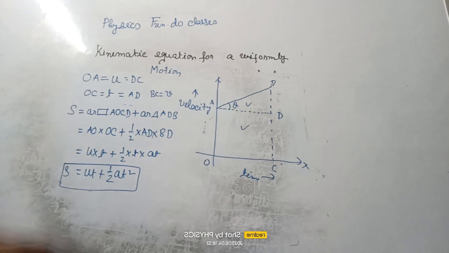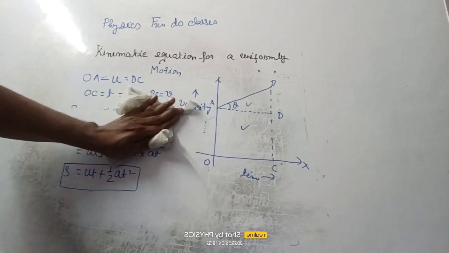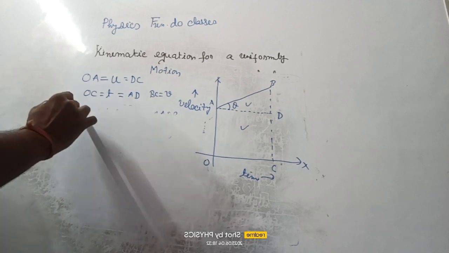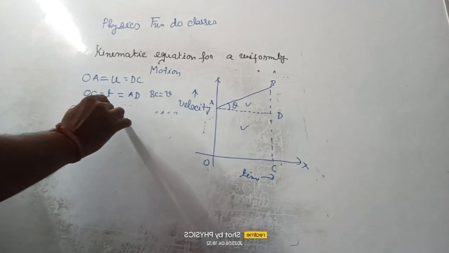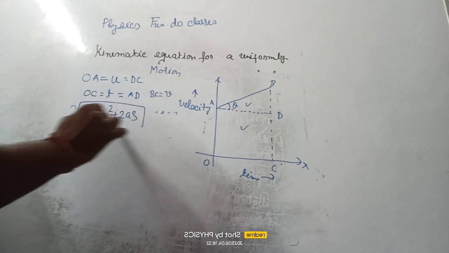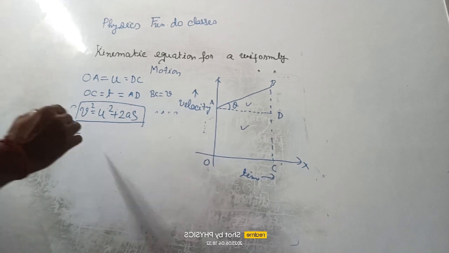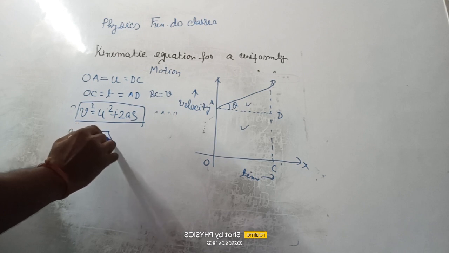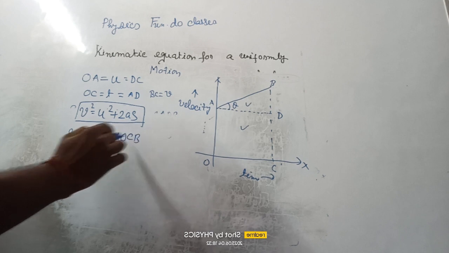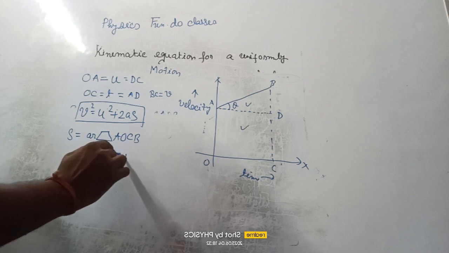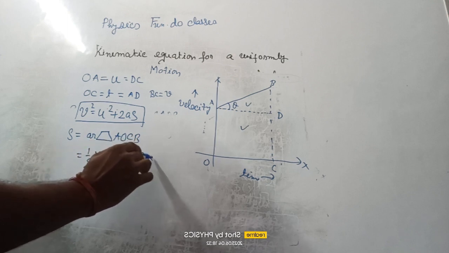Now we have to prove the third equation, v square is u square plus 2as. Here s is the displacement. S is equal to the area of the trapezium AOCB, that is half into the sum of the parallel sides AO plus BC into the perpendicular distance AD.